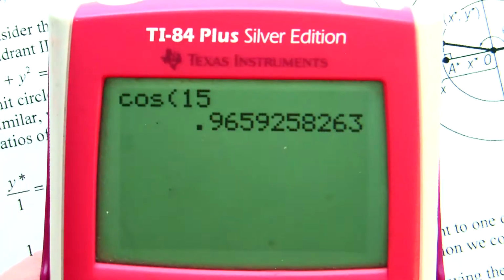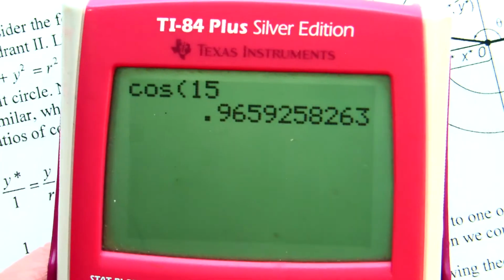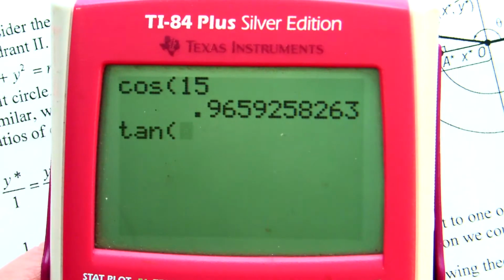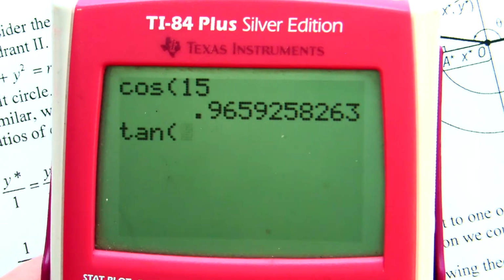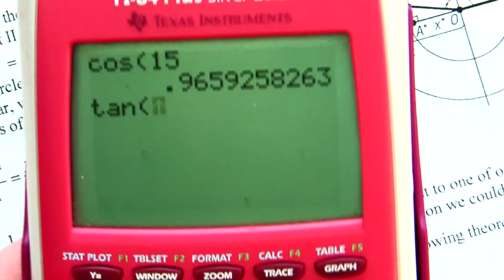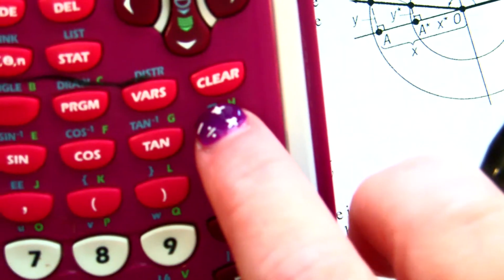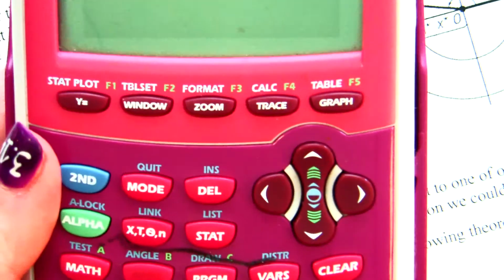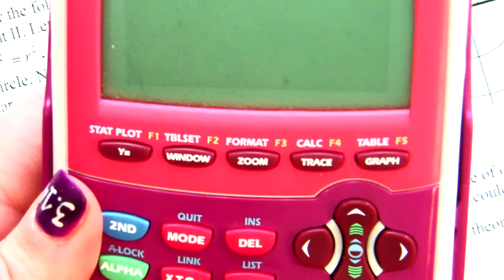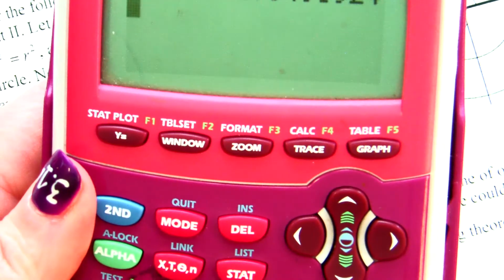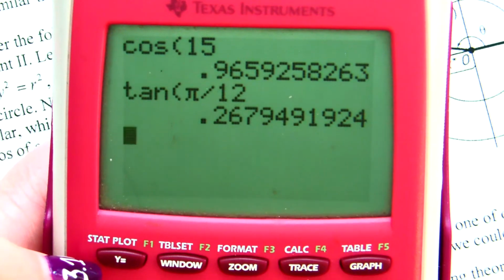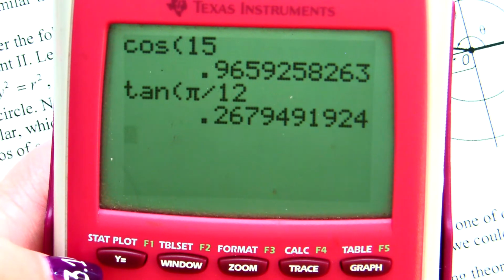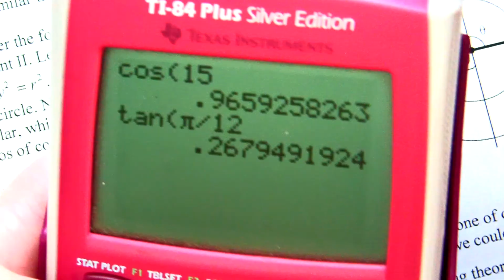Now whatever we do will be in radians, and we want tangent of pi over 12. So my pi button is right here, right above, so I did second pi, divide by 12. What's that to 2 decimal places? 0.27.